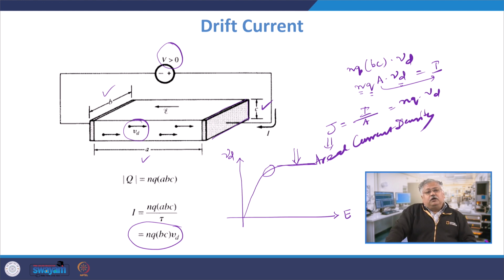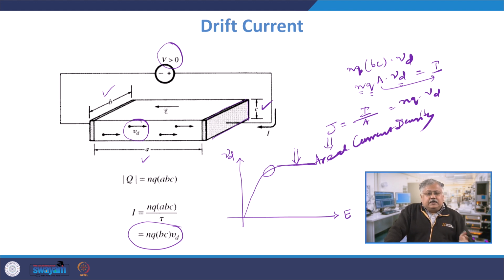So the velocity will not go on increasing infinitely in a semiconductor, and the reason is very simple. When your electric field is relatively small and you slightly increase it, the drift velocity goes on increasing. But as the drift velocity increases, per unit time the carriers encounter a larger number of atoms of the semiconductor, and therefore the rate of scattering also increases.